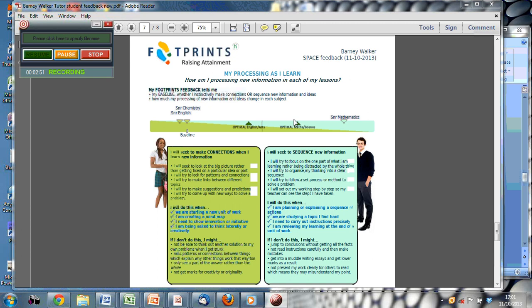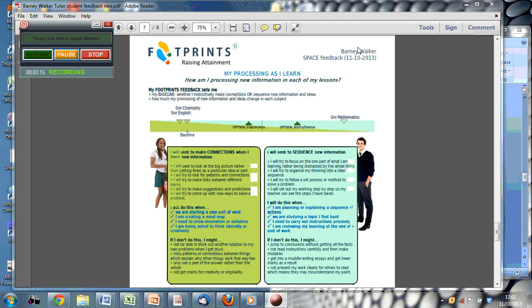In maths and science, students again need to do both of those things, but certainly at GCSE level, year 10, key stage 4, they need to be able to sequence information clearly and effectively. That's why the optimal for maths and science is a little further over onto the sequencing end of the scale than the connecting end.